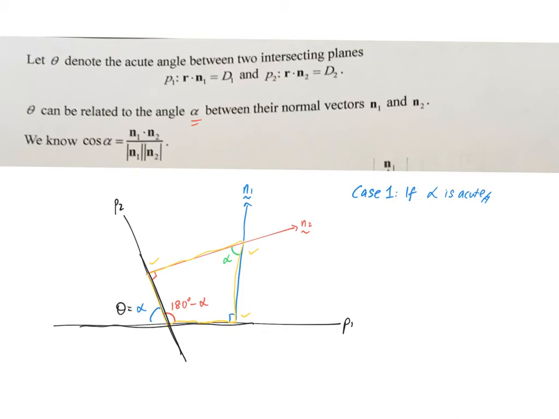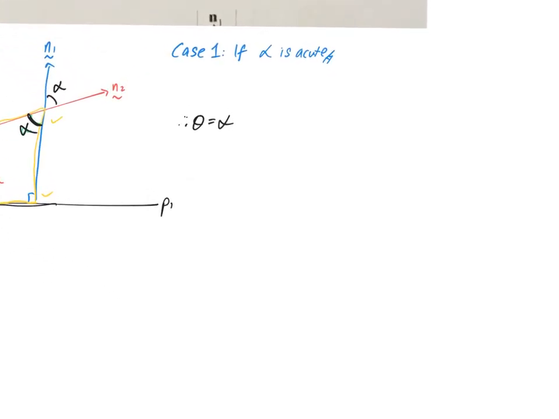And what is alpha? Alpha is the angle between the two normal vectors. So the angle between the two normal vectors is the same as the angle between the two planes in this context. You can see theta equals alpha. So if I want to find the angle between the two planes, this is the same as finding the angle between the two normal vectors.